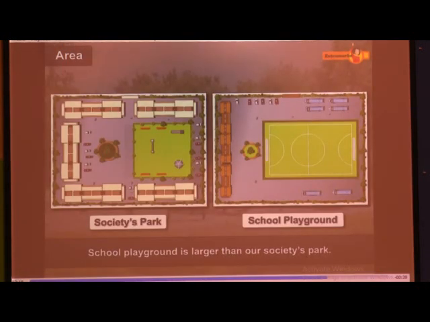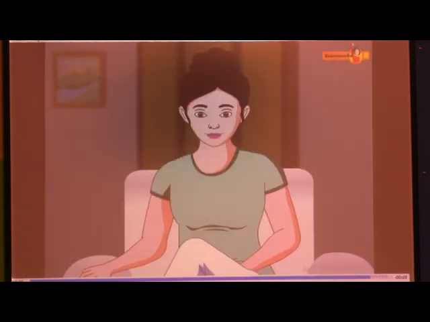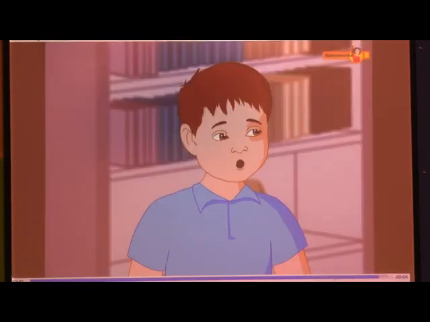You know, your school playground is larger than our society's park. Here, larger is the area. School playground has larger area than our society park. Area is the amount of surface within a boundary. Oh yes, I got it. That was interesting. That's good, Ben. Now complete your homework. Okay, Mom.